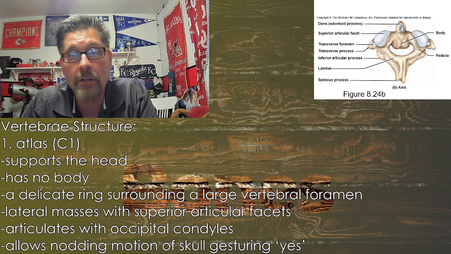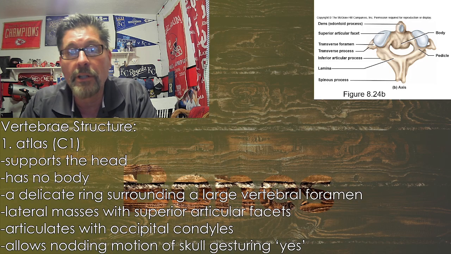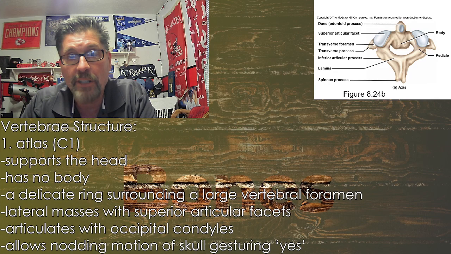Okay, so we're going to talk about the cervical aspect, and you can see the C1 and the C2. The first cervical and the second cervical are pretty unique in their structure. The C1, as you can see, doesn't really have a true body like the rest of them do.